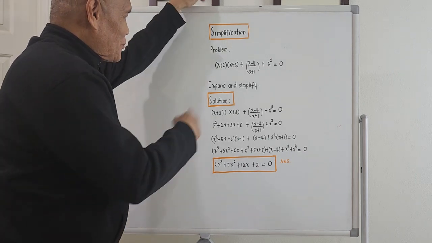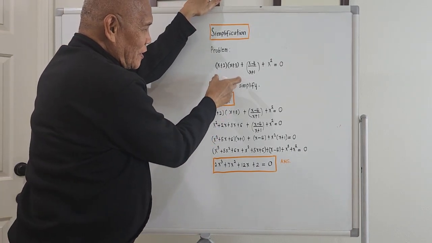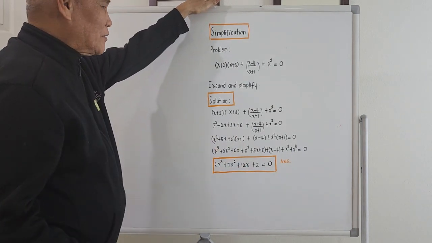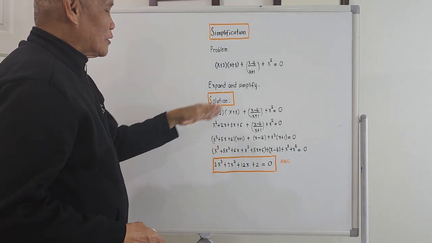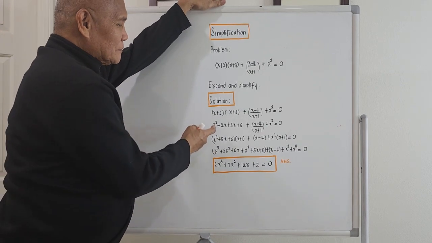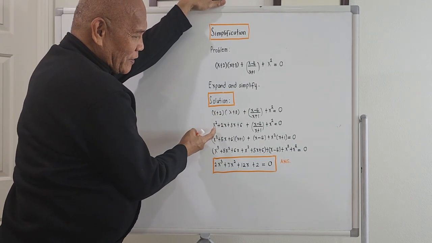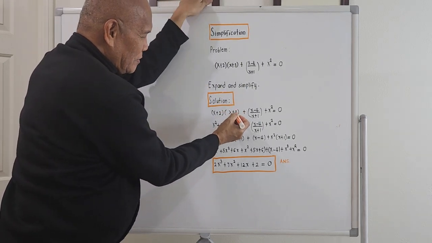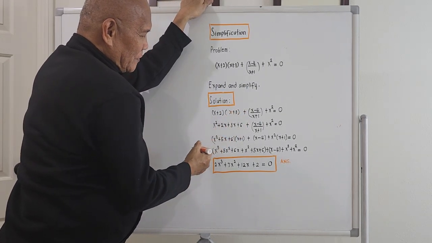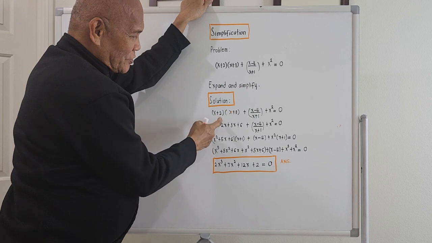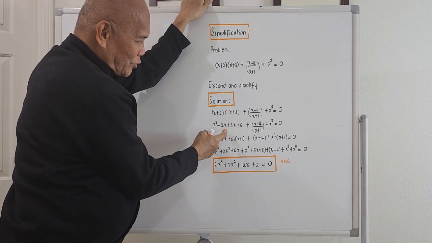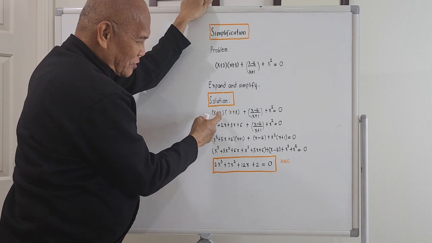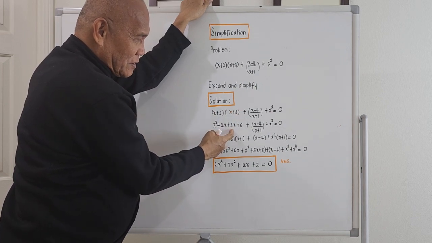If we try to expand, the two terms are actually two binomial terms, so it's just a matter of multiplying. x times x will be an x squared. The two middle terms: the product 2 times x, which is 2x, and the next middle term is the product x times 3, which is 3x.